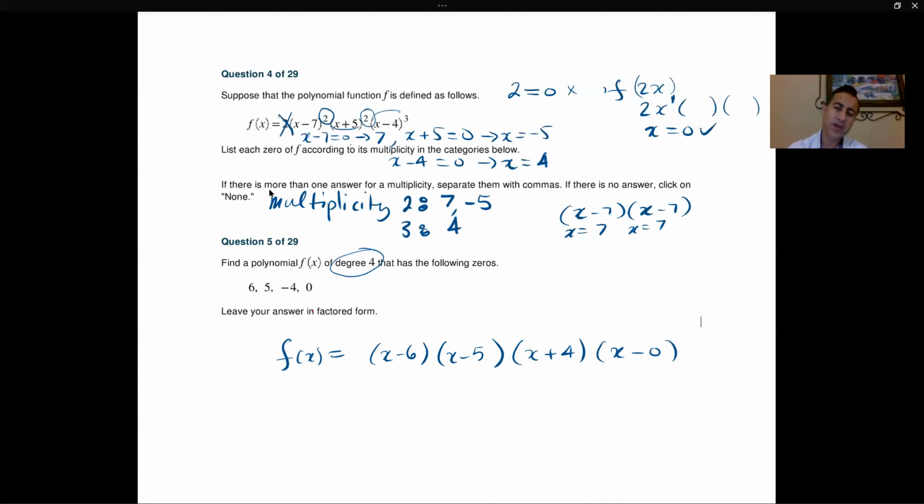Similar confusion that happens there could happen here. What happens with the 0? The same thing, x minus 0 equals 0. So x times x minus 6, x minus 5, x plus 4. That's it.